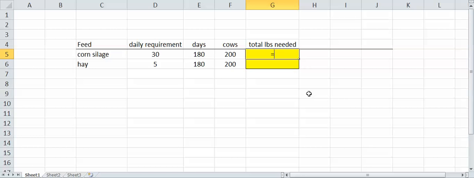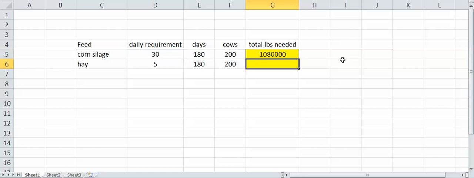Equals, this cell will equal the number of pounds fed times number of days that it's fed times number of cows. Notice this is not an X for multiplication, it's the asterisk that could be found on the top of your keyboard on the 8 key by shifting and using the 8 key, or on the right hand side on your number pad just using the asterisk symbol.